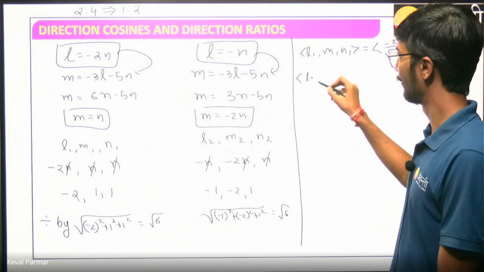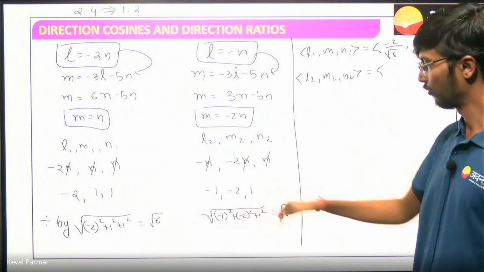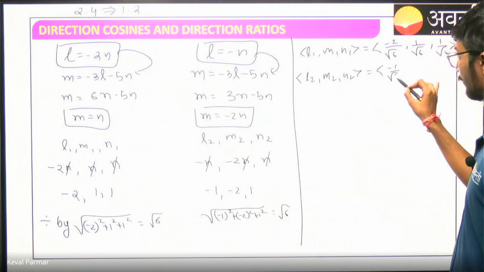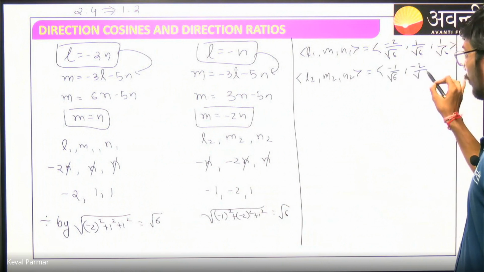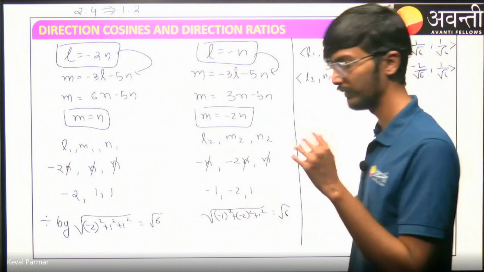And lastly L2, M2, N2. Again divide by root 6: minus 1 by root 6, minus 2 by root 6, 1 by root 6. Now do you remember the formula of cos theta?